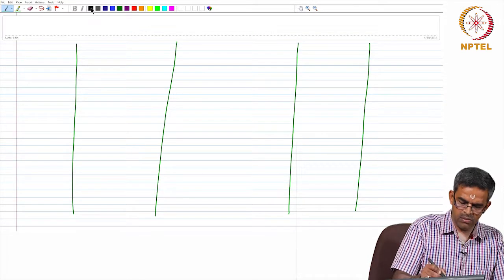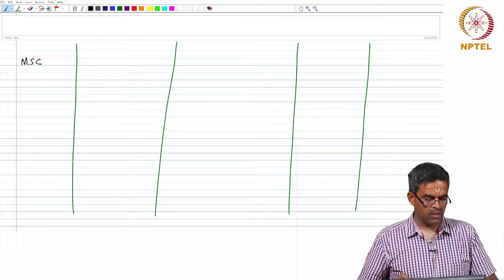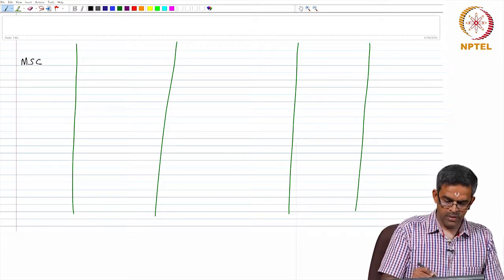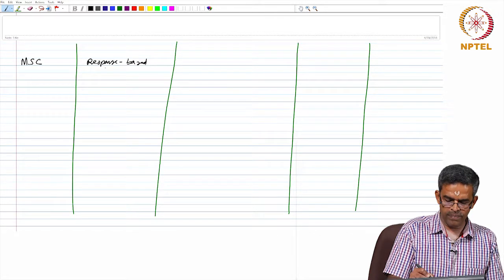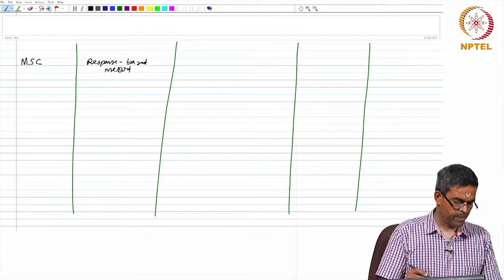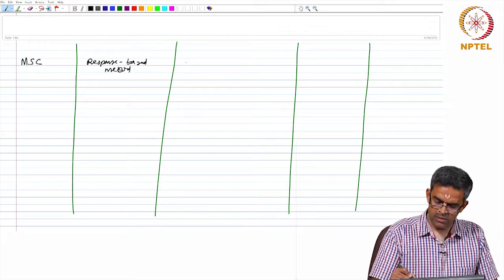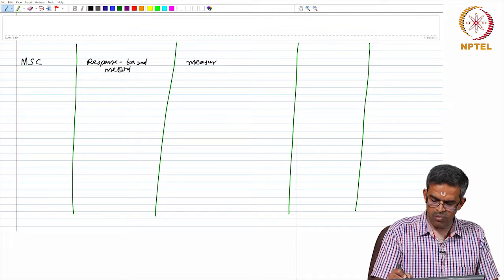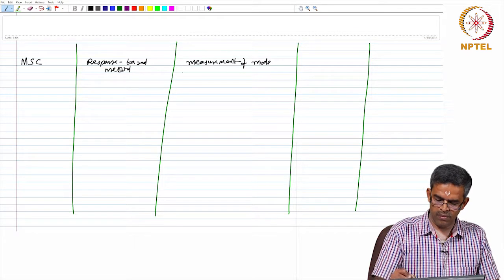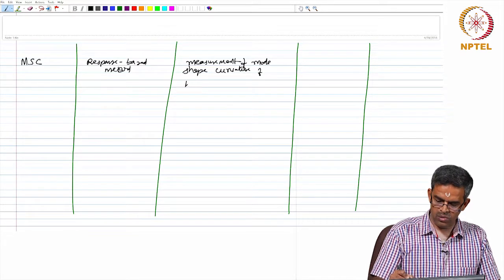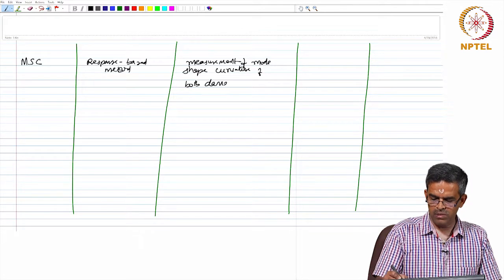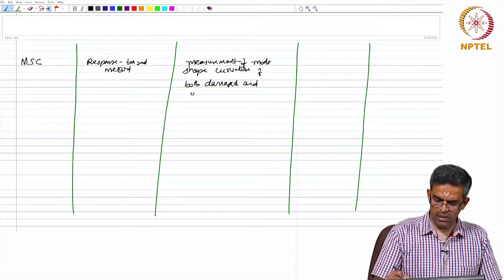The third one is modal strain energy comparison of the curvature. This method is again a response based technique. This method also demands measurement of mode shape curvature of both damaged and undamaged member.